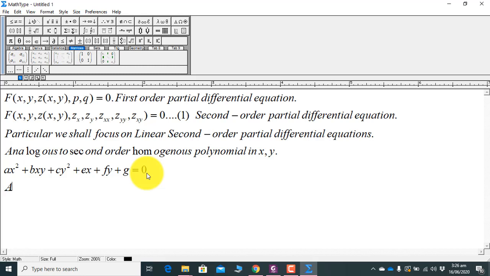So the general form is capital A partial square z over partial x square. A is a coefficient. I will tell you later what A and B and the other constants can be. Then partial square z over partial y square, which is given with constant C generally because the mixed term is written first.